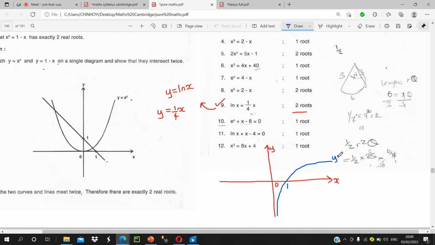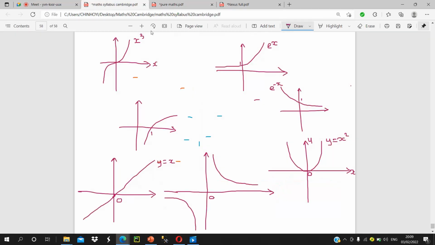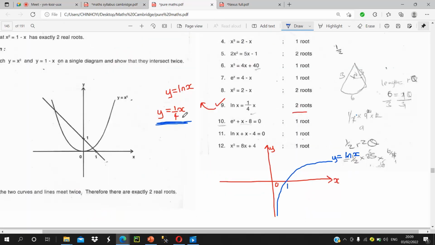So this one is the graph for ln x. Then we also have the graph for quarter x. But this one was not amongst the standard graphs. But it's similar, it's just that we have this x multiplied by quarter here.